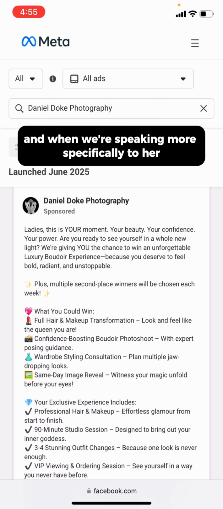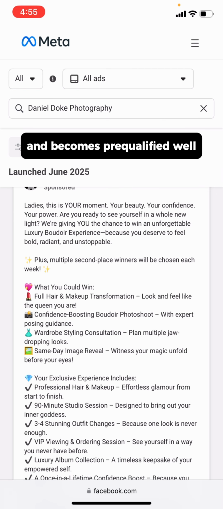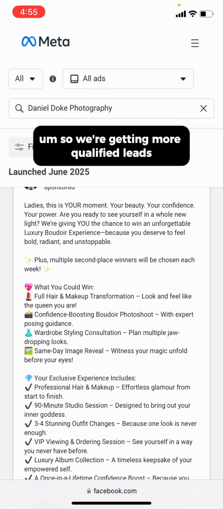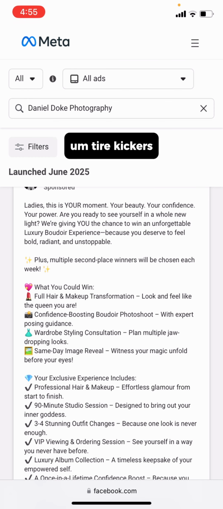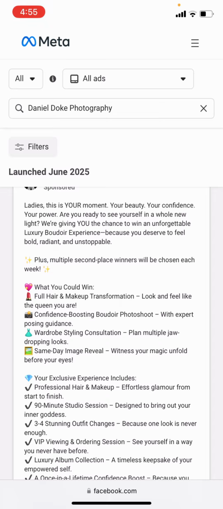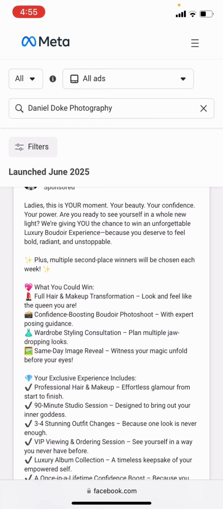And when we're speaking more specifically to her, higher chance she reads the full ad copy and becomes pre-qualified. Well, the right woman. So we're getting more qualified leads, more qualified appointments, fewer price hunters, fewer tire kickers, less ghosting. And we're getting more sales, more revenue, more conversions, higher ROAS.